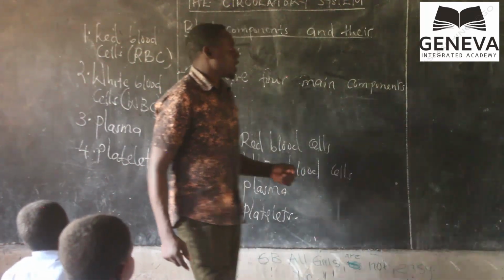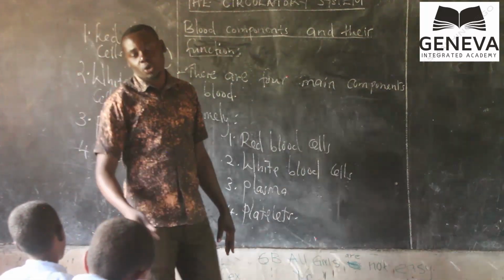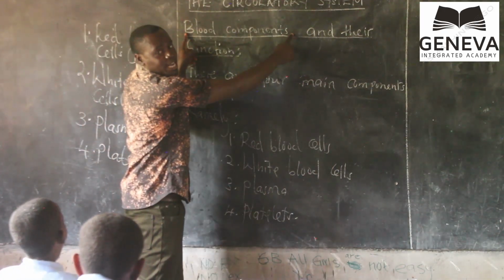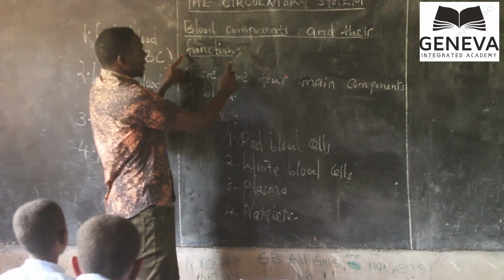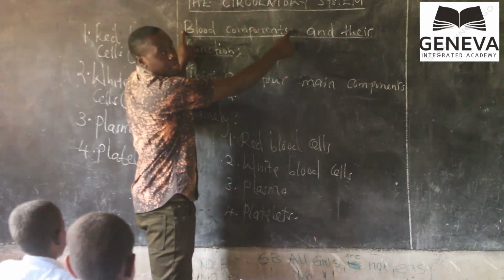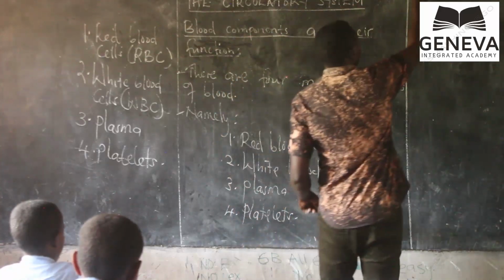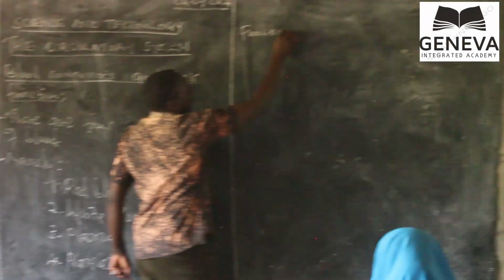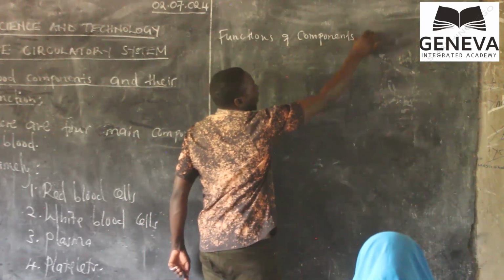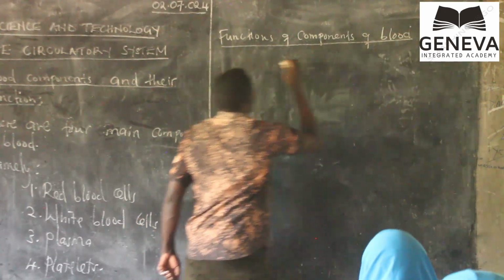Now from there, we shall look at each component of blood and its function. So the next is, number 1, we have done the blood components. Number 2, we want now to look at the functions of components of blood.